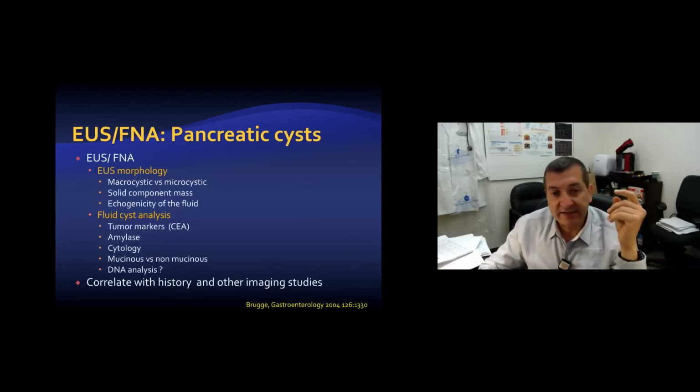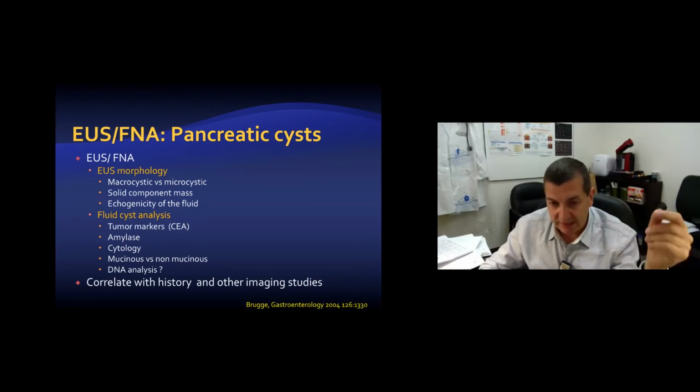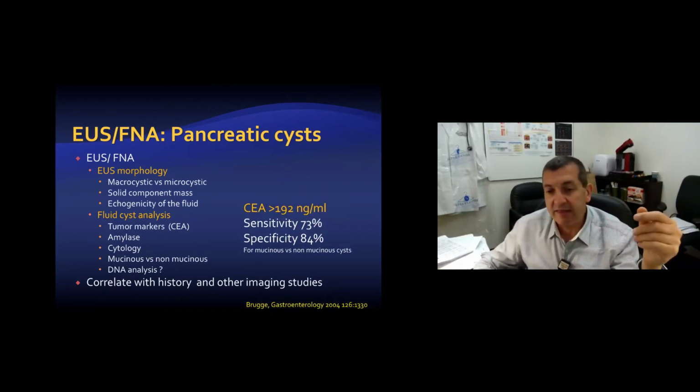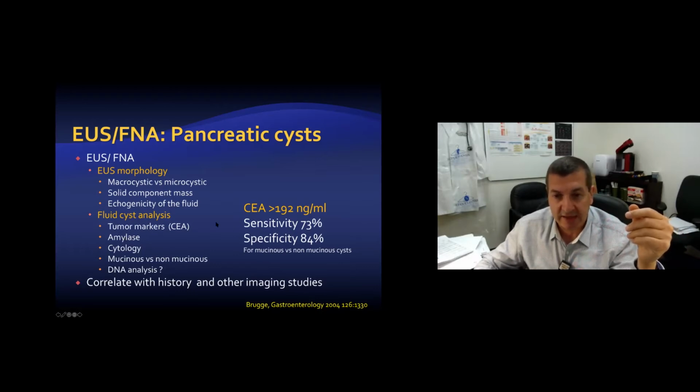So EUS has a role because by looking at the EUS images and by doing cyst fluid analysis, we can tell what this lesion most likely is. The main things that we look at are tumor markers, which is CEA, and we look at the amylase level.